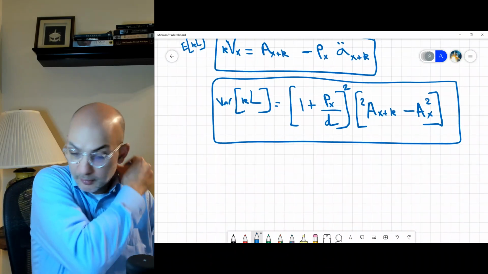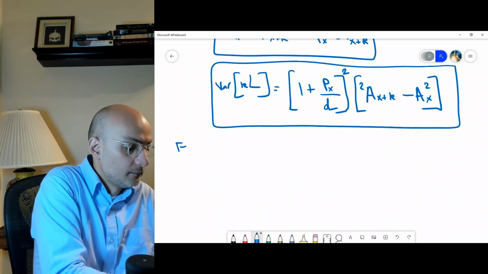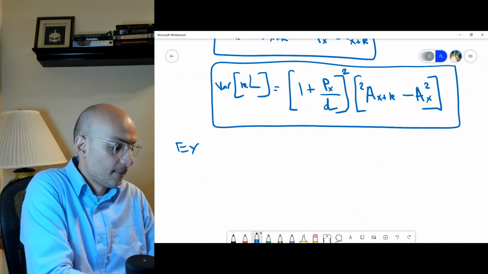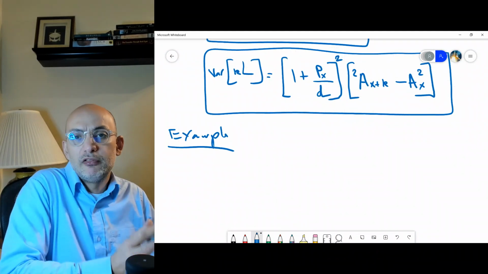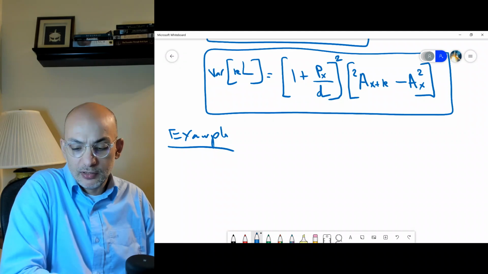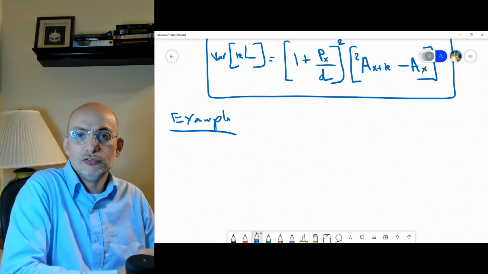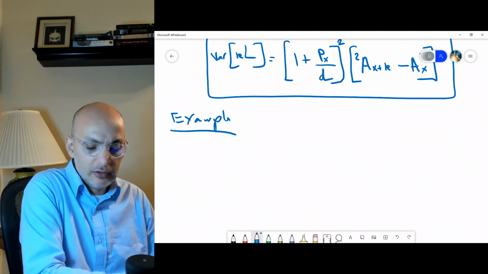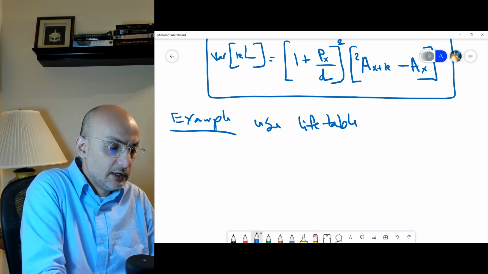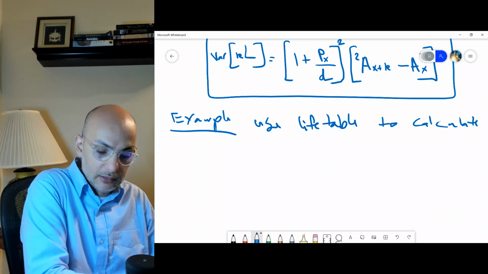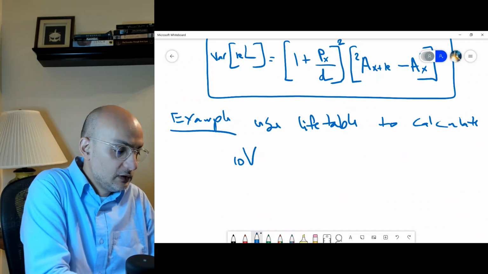Let's take one example. Now we bring everything together. One little question like what you would see: you would have to bring everything together. The question tells us to use the life table to calculate 10V70.